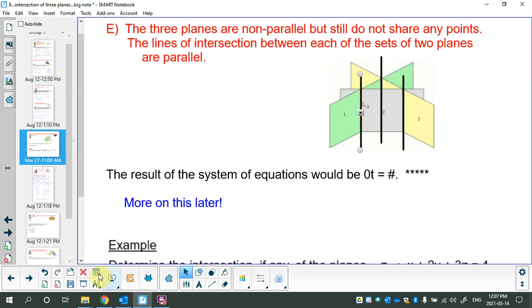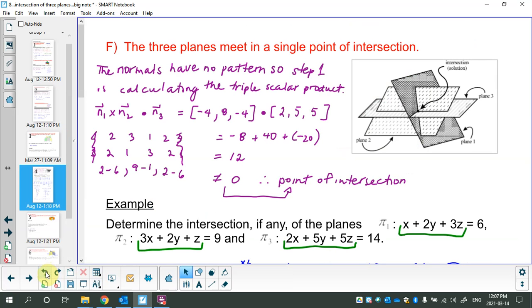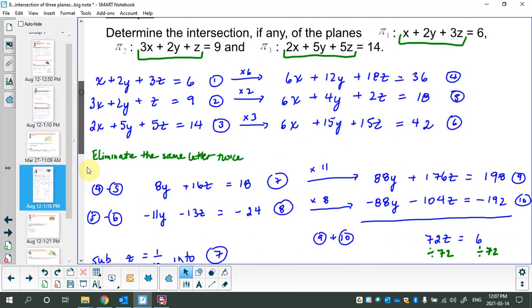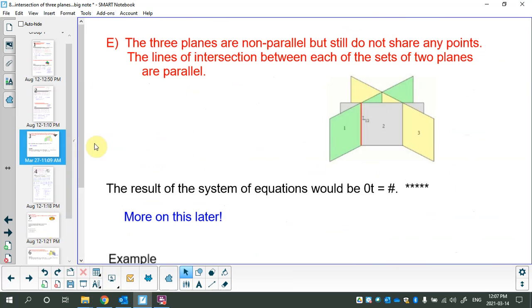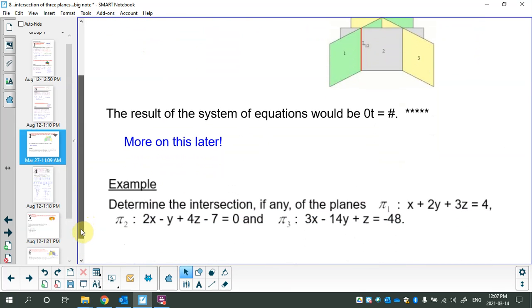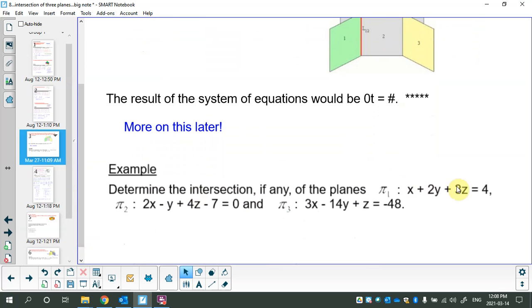So let's get that out of there. When you take a look at these normals, you will find that there is no pattern.